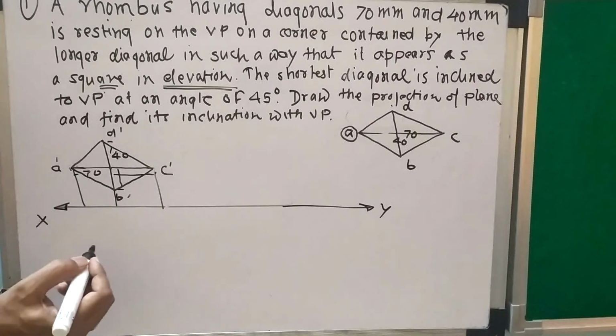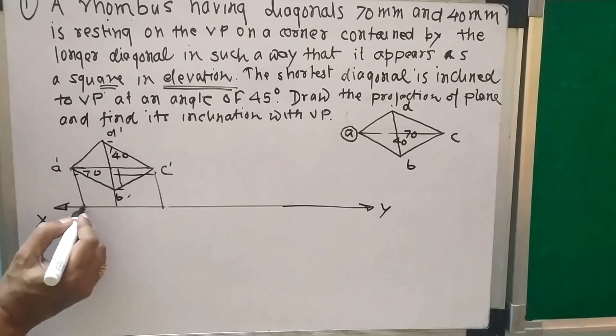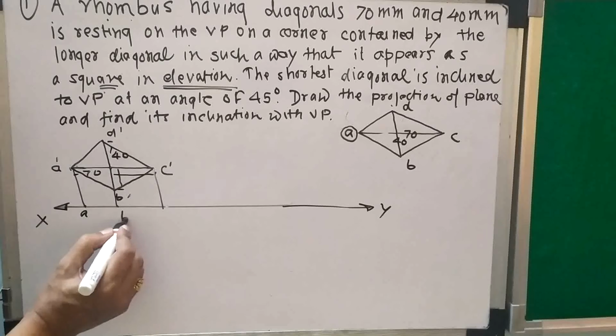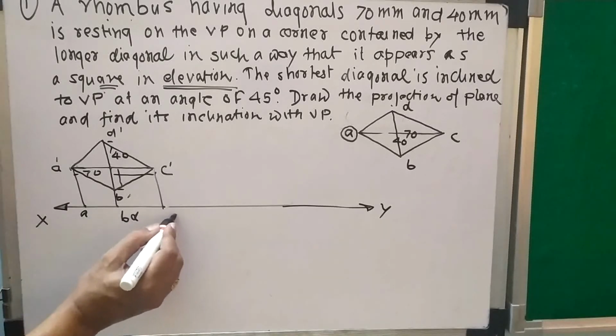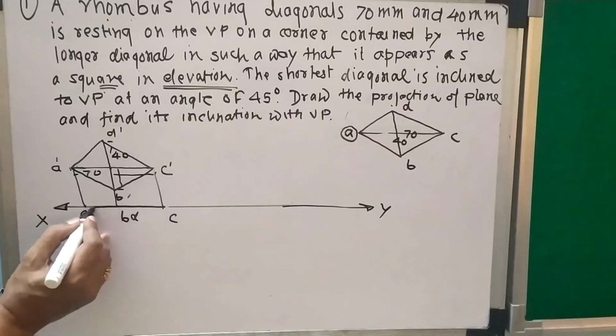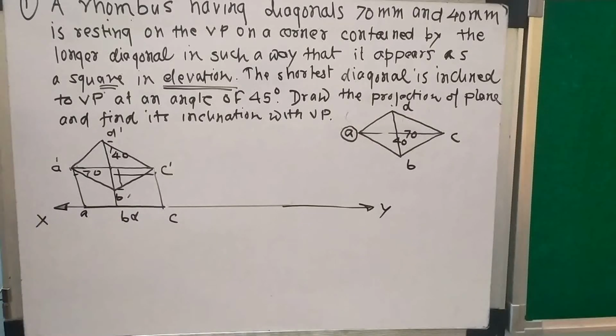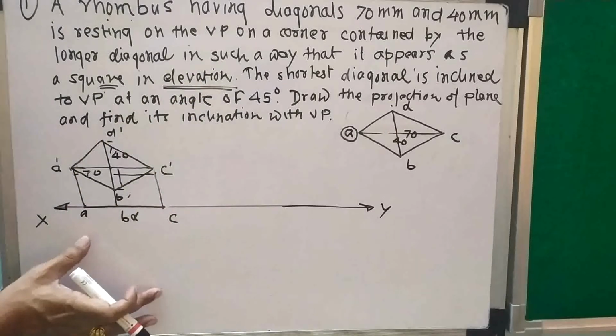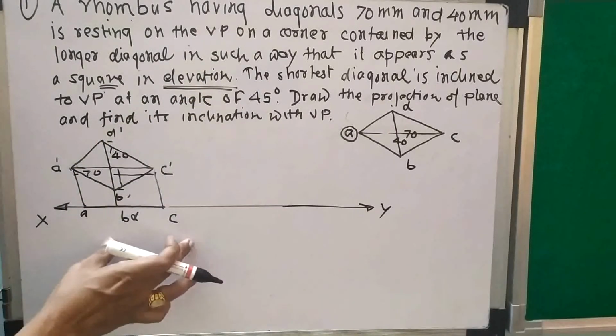Now here I will get A, this B and D, and here I will get C. So this is my surface view in the plan. Now after that, when I make the surface inclined with VP, the inclination to VP is seen in the HP.